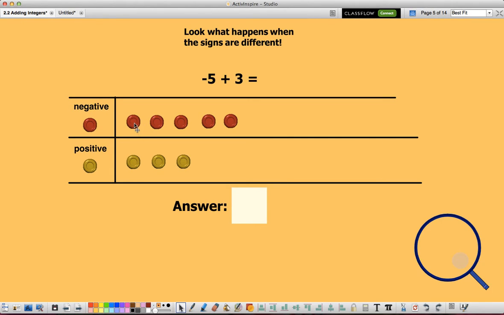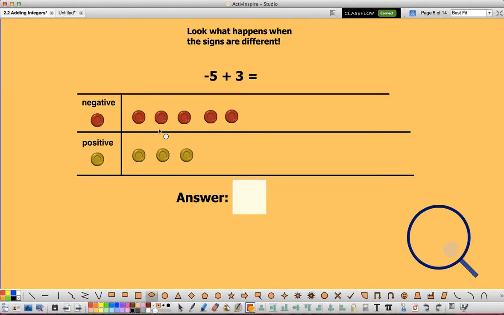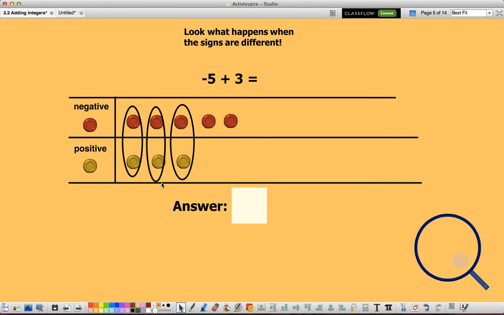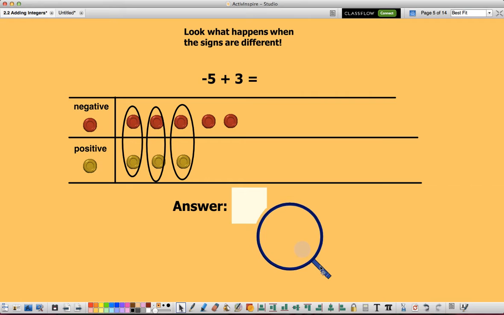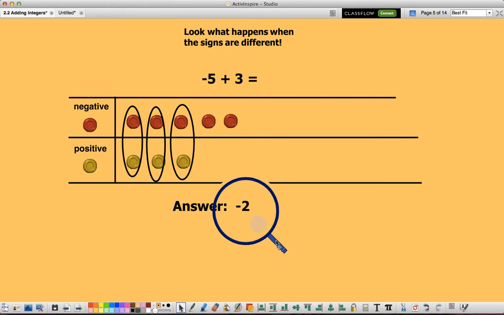Here, though, I have -5, so I have my 5 red chips, plus a +3. So here I have 3 positive chips, so I have to look and see how many negative chips is that going to undo. Well, these 3 undo each other, but I'm still left with 2 negative chips. So I know that -5 plus a +3 gives me a -2.